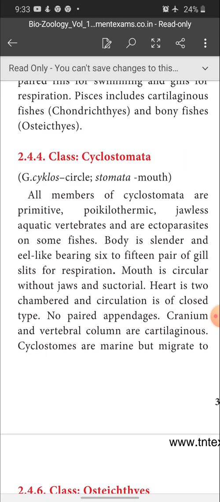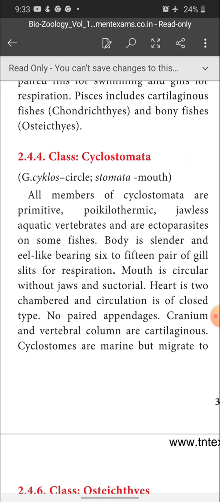Mouth is circular, since they don't have any jaws, and suctorial. Heart is 2 chambered, and circulation is closed type. No paired appendages, and cranium and vertebral column are cartilaginous.